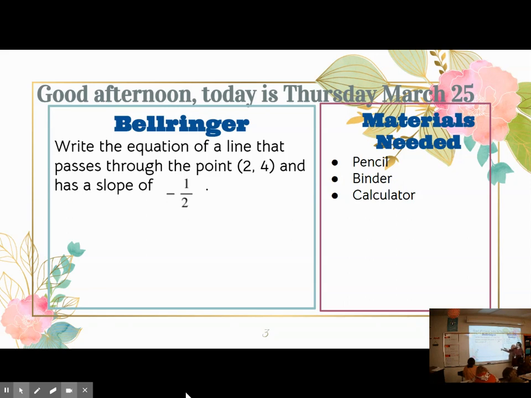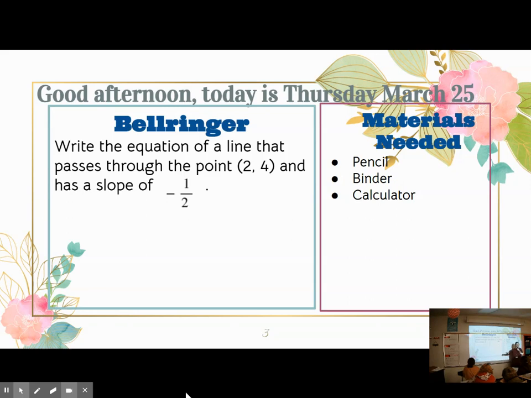So it's at the point 2, 4, so to the right 2 and up 4. So that would be right there. And then your slope is negative 1 half, so you'd go down 1 to the right 2. And you can also go up 1 to the left 2. And then draw your line. That should get down a little bit more, like that.